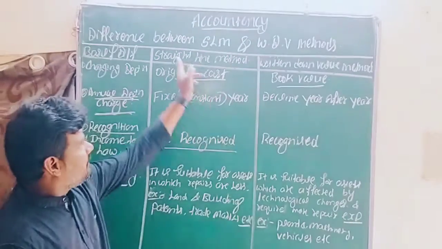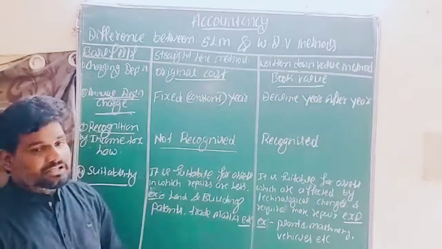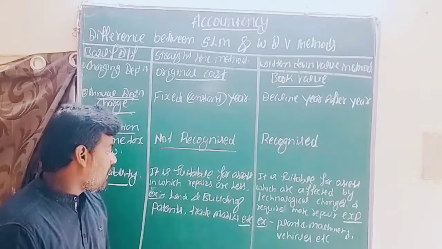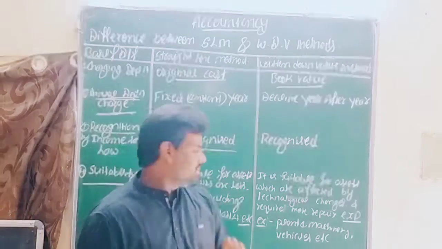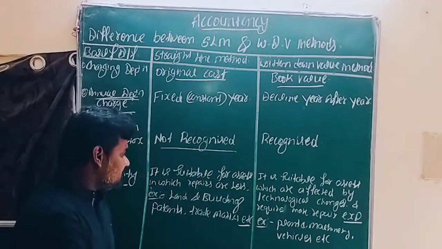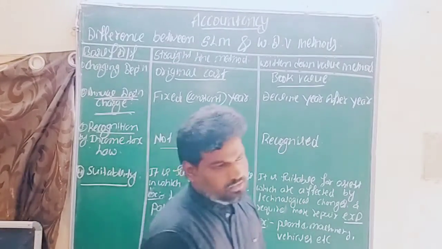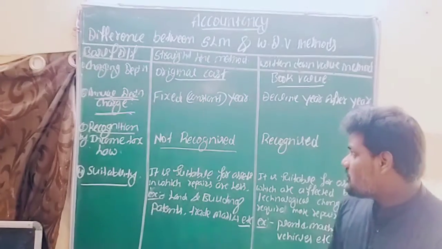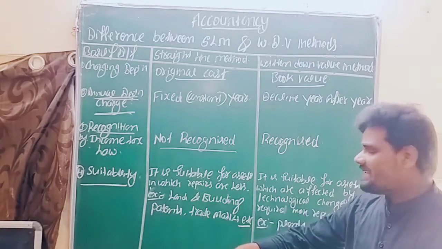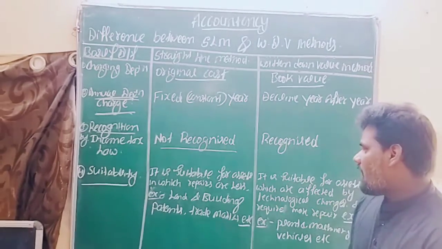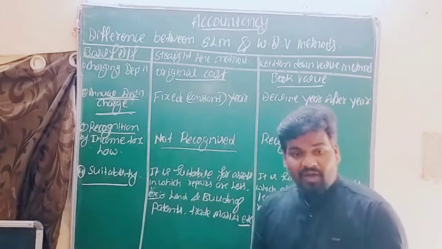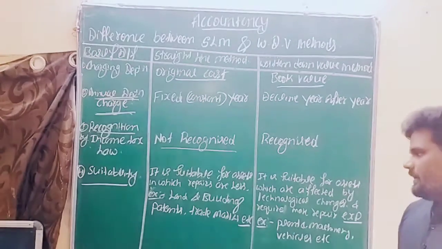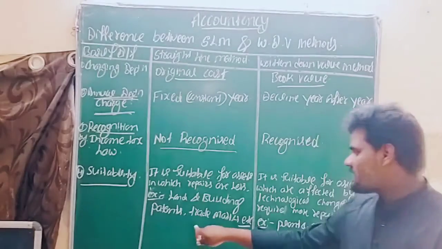Examples are land and buildings. Normally the value of land and buildings goes on increasing year after year, and the repairs and maintenance are less compared to other assets. Patents and trademarks are other examples.